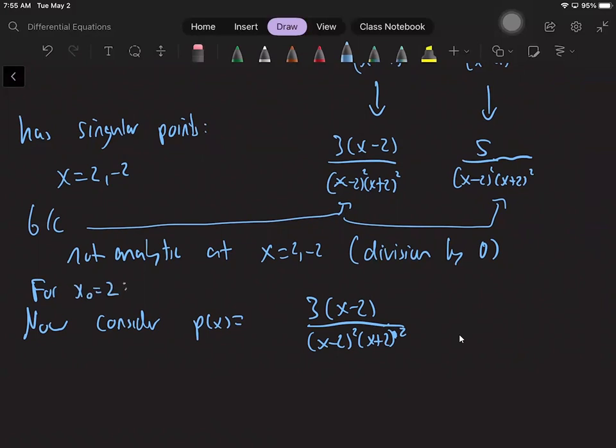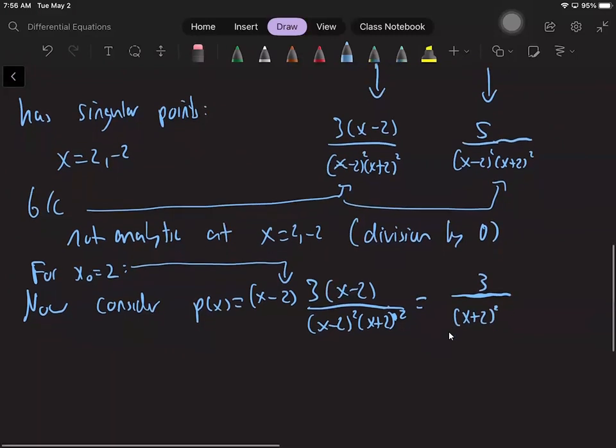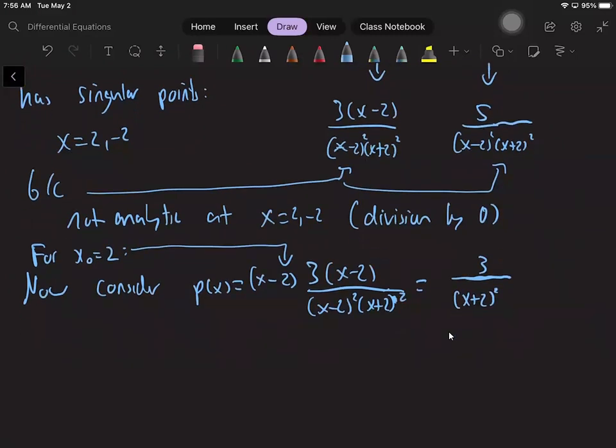Okay, so if I multiply by x minus x naught, so x minus 2, that's where that's coming in. If I do this and I work it all out, I just get nice cancellation here. I get this. Okay, the question is, is this analytic at x equals 2? Yeah, when I plug in 2, I don't divide by 0 anymore. It's analytic everywhere except for negative 2.